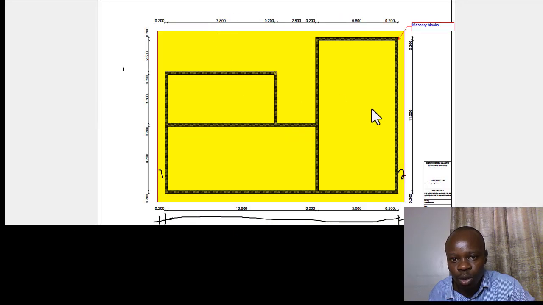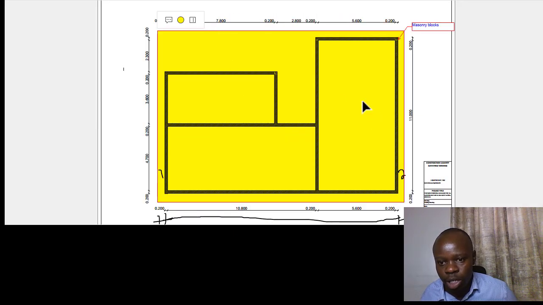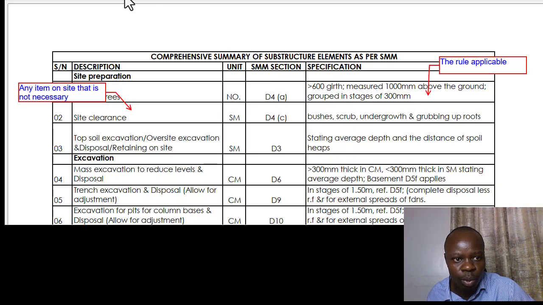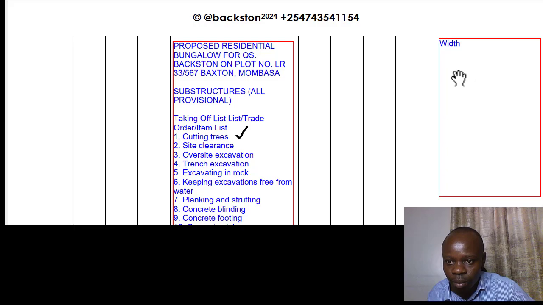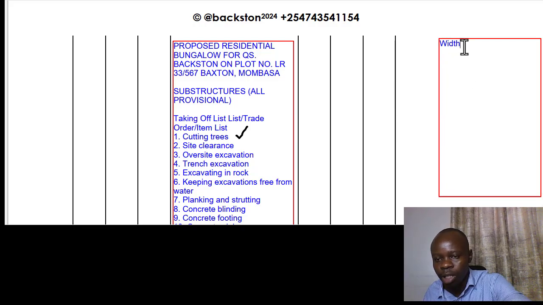You have to refer to it every now and again so that you see what exactly is there for you to measure. So the width, of course, taking into consideration the spreads as well, we'll take 11, then we add.